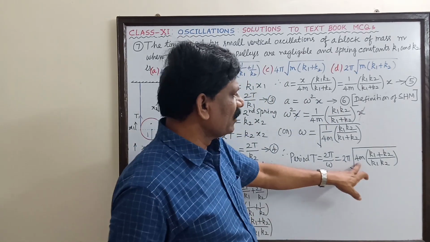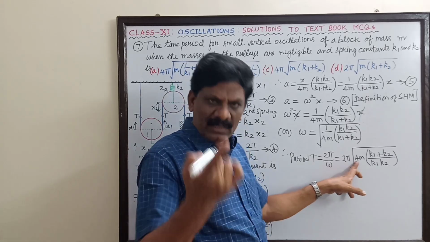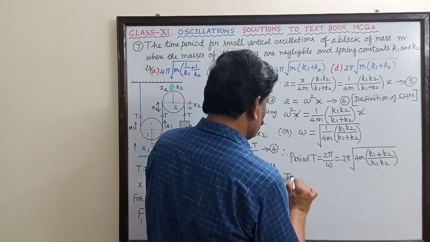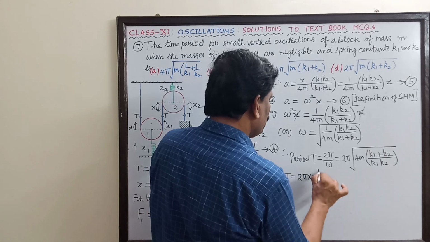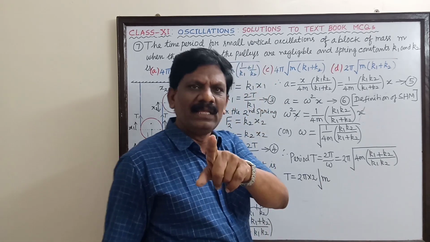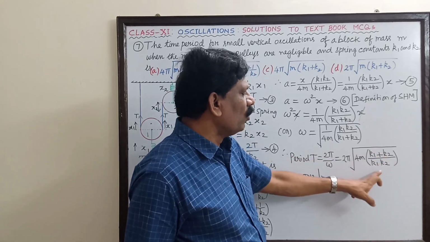Now inside the square root a 4 term is there. So when you take this 4 out of the square root, it will come as 2. So T is now equal to 2 pi into 2 into square root of m will be remaining. What is this k1 plus k2 whole divided by k1 k2?